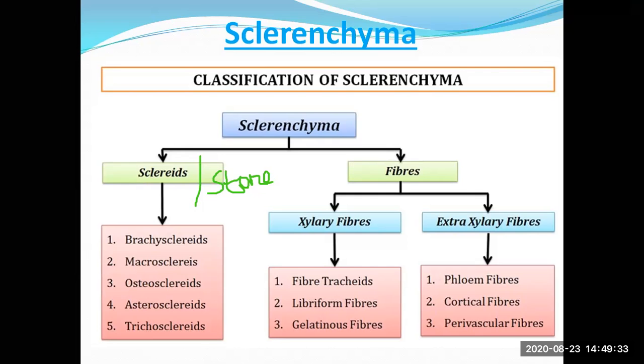This classification is purely based on the size of the cell, shape of the cell, nature of the cell wall, and mode of deposition of secondary wall materials.